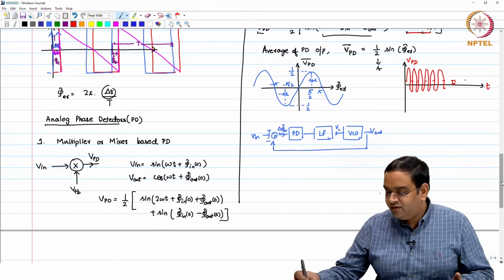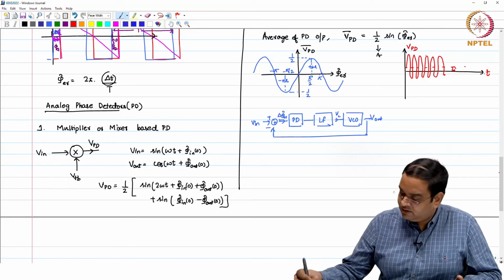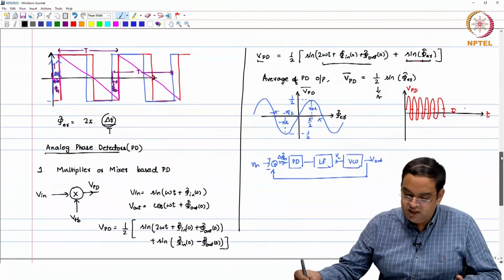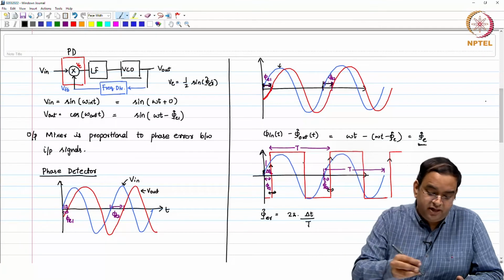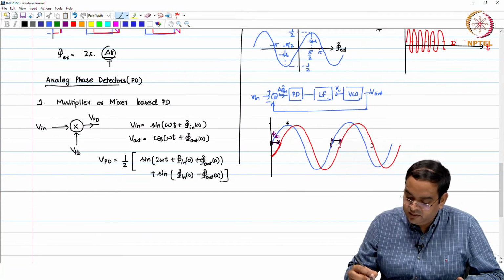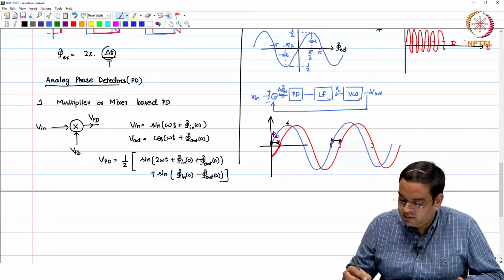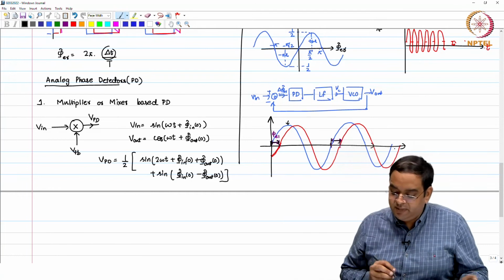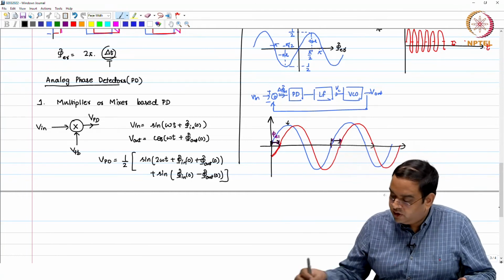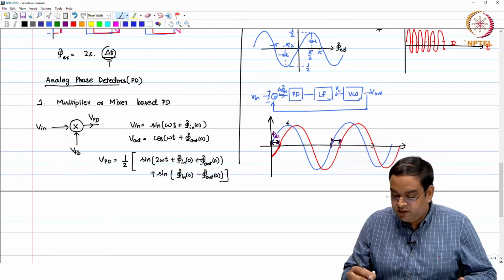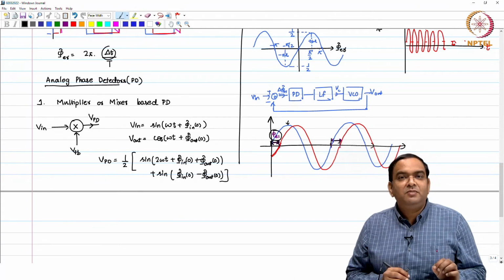Okay. So, one thing, just as an illustration. We have used this example here, right. By the way, in this particular case the phase error is less than pi. Okay. So, let us say when you measure this phase error here, which is less than pi, what happens?